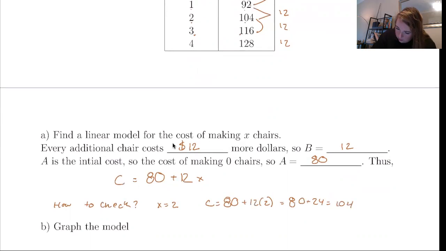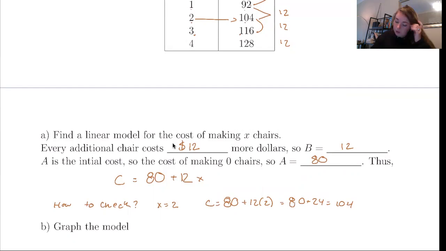And I could see when I'm making 2 chairs, the cost is 104. Perfect. So that's a way to check. I wouldn't check 0 because we already chose that would be 80, so it's kind of trivial.